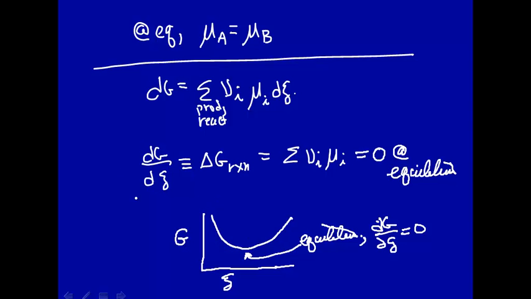And furthermore, we're going to call this delta G of the reaction. And of course delta G of the reaction will depend upon where you are. If you start right here at equilibrium, delta G of the reaction will be 0. But if you're up here, delta G of the reaction will be greater than down here. So the slope of that plot is equal to delta G of the reaction. That's because we're just defining it that way. All right, so keep that in mind.